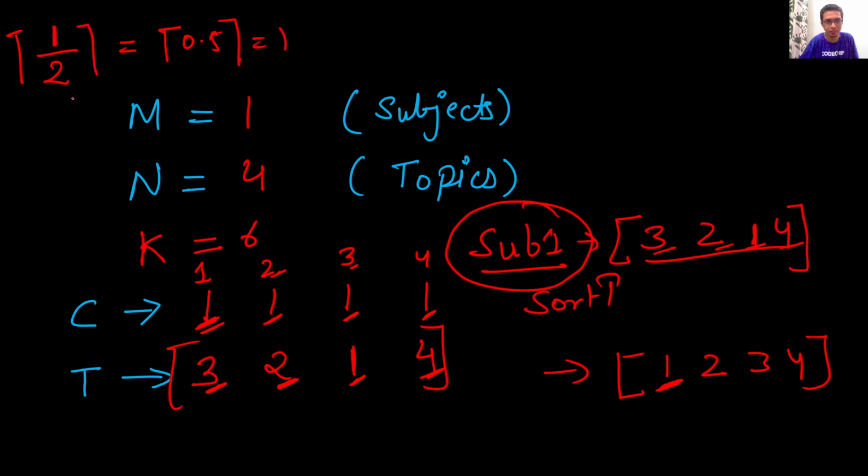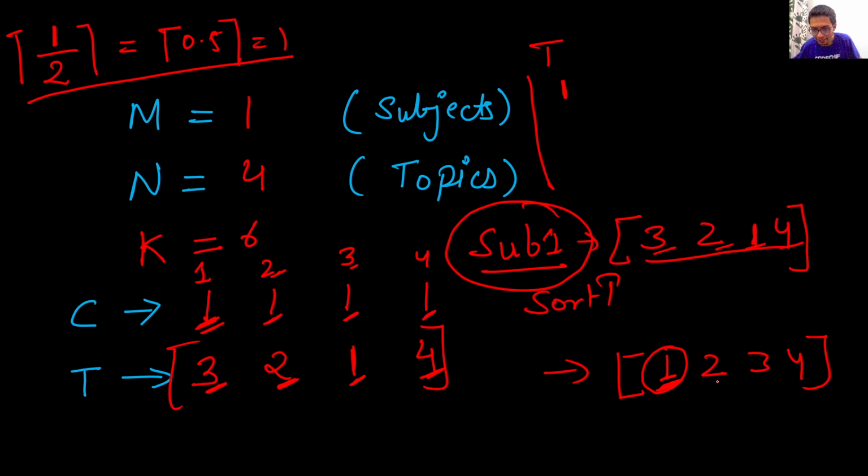So till this moment, my score is 1. Now I want to increase my score by 1, right? And also till this moment, the time taken is also 1, right? Because this 1 is simply the number of hours that is required to study this topic, right? So till now the time is 1, right?